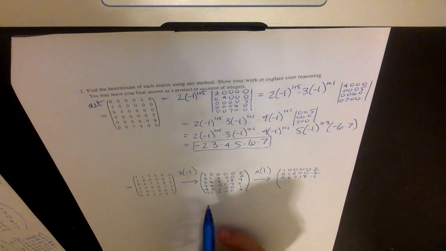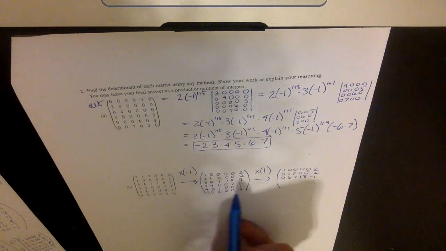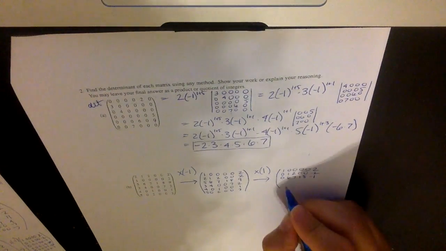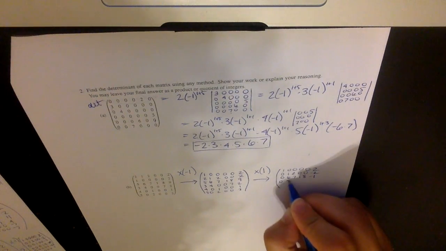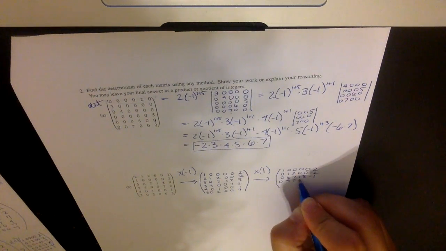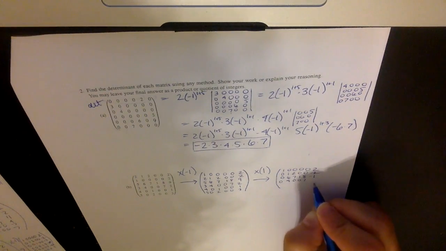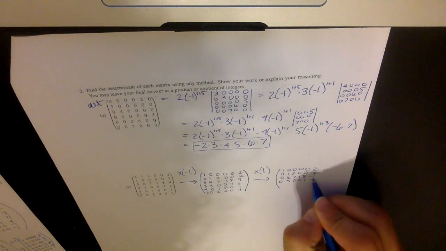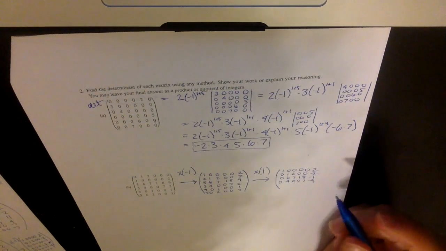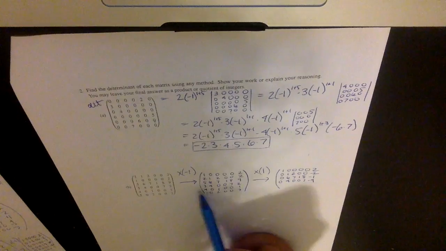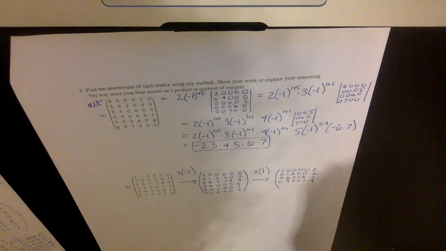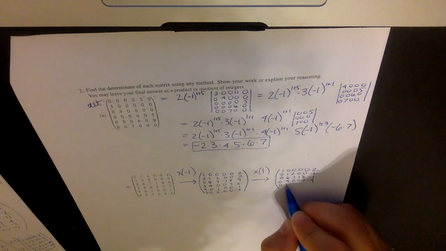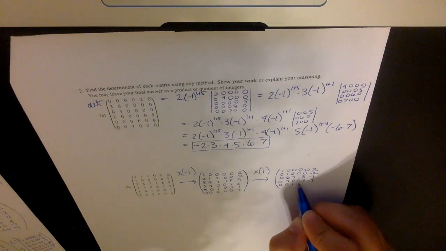Okay, now this fourth row minus 3 times the first row: 0, 4, 0, 0, 7. And then 2 minus 6 is -4. Now the fifth row minus 4 times the first row: 0, 0, 1, 0, 0.